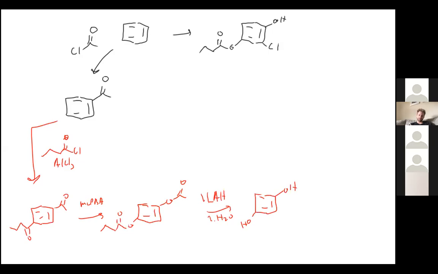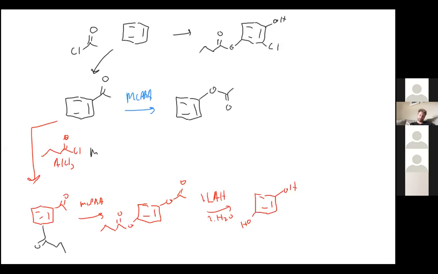If we add MCPBA first here, before we have the other ketone on there, also this is a meta director, so it wouldn't even form there, it would form here. So that's going to cause another issue. But let's go over here. We had MCPBA.